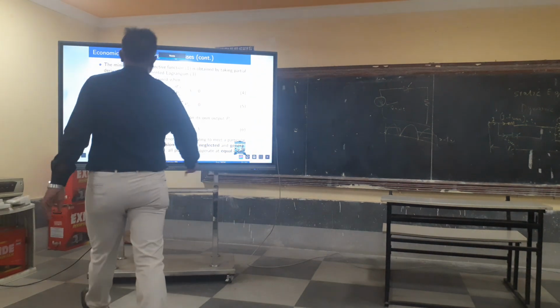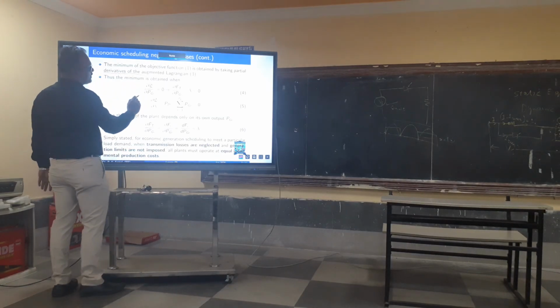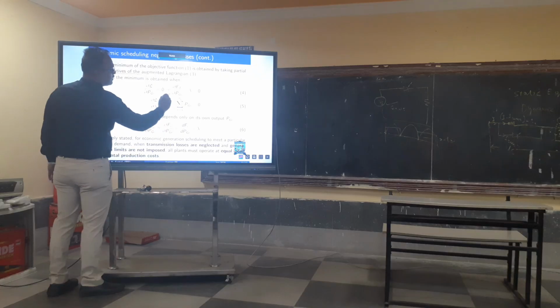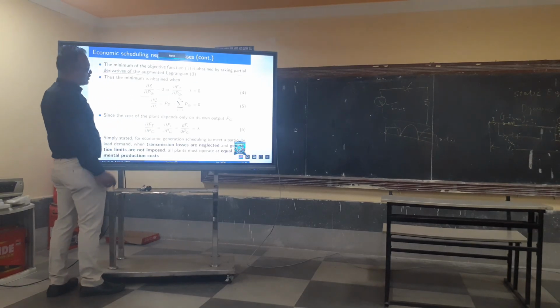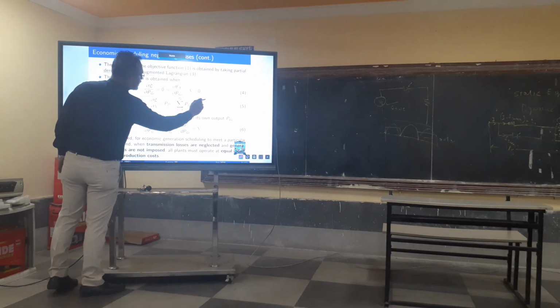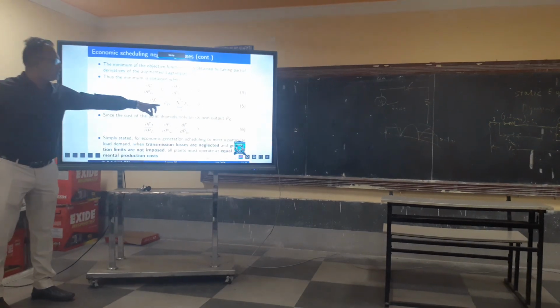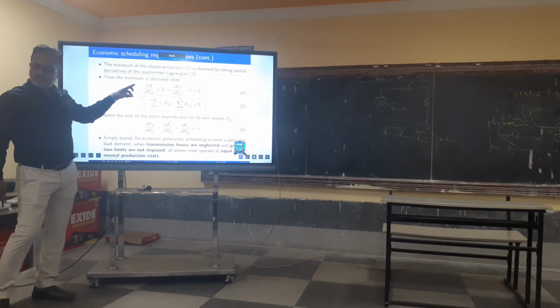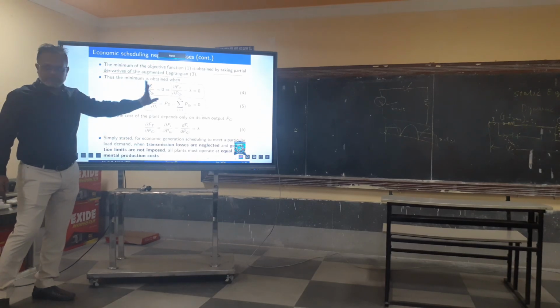So when you take the partial derivative of the Lagrangian with respect to Pgi, we get this. This is equation 1, the first equation. And when we differentiate with respect to lambda, we get the second equation, which is the constraint.